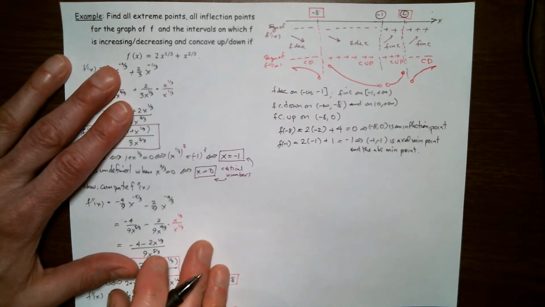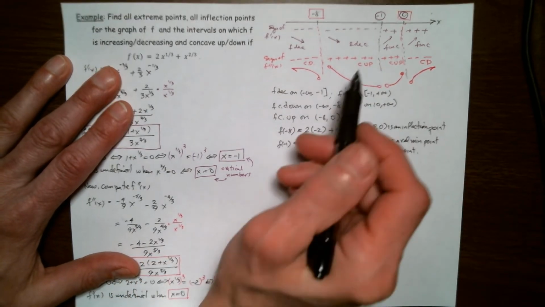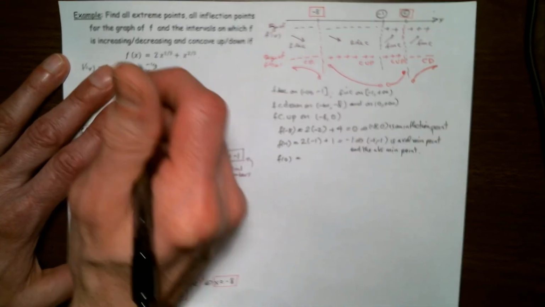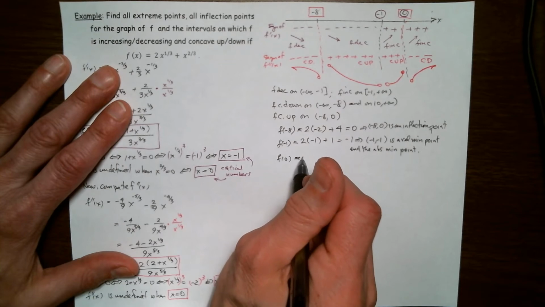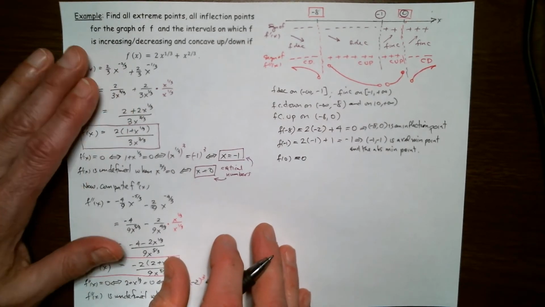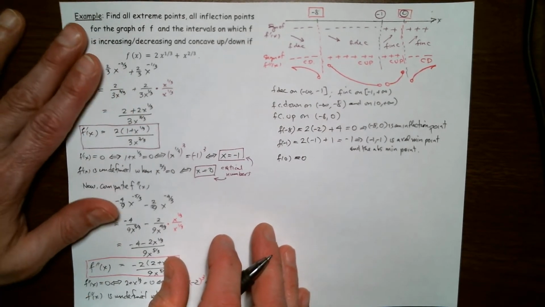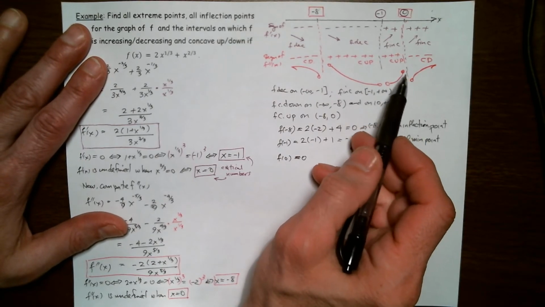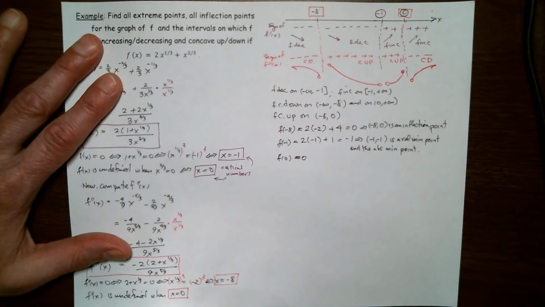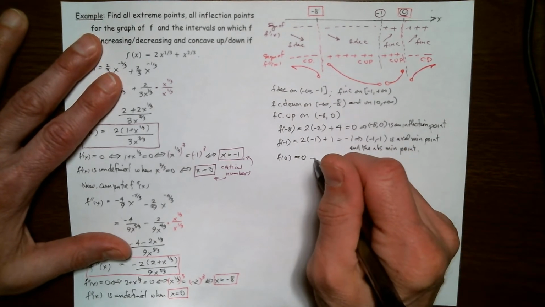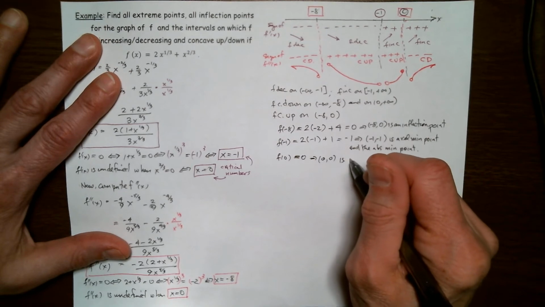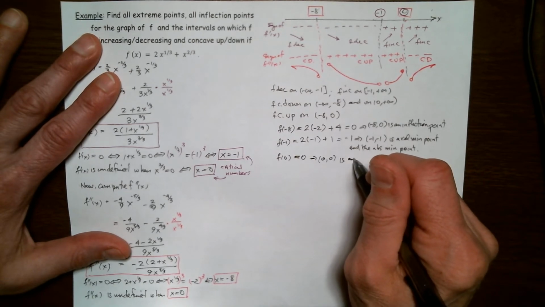Okay, and then our next and final point of interest is when x is 0. f of 0 is clearly equal to 0. And so what happens at the origin is that we have this change in concavity. So we know that the point 0, 0, the origin, is an inflection point.